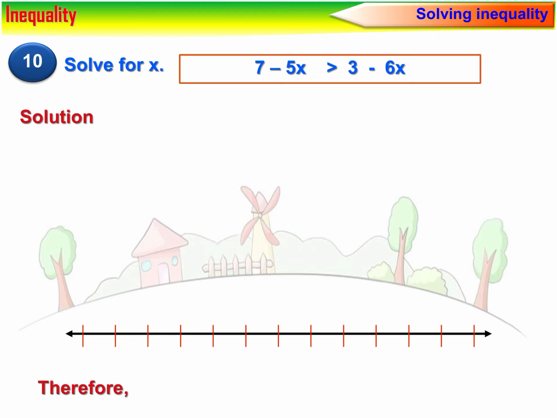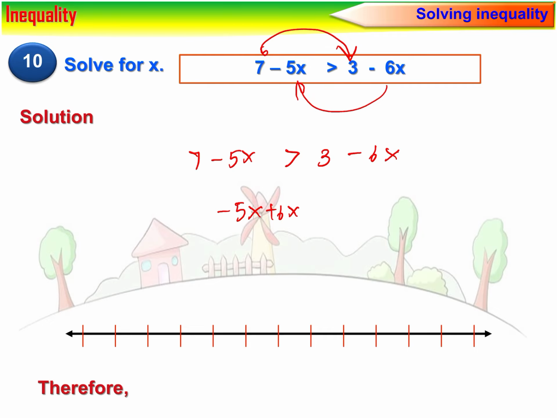What about this one? So combine this and this. You will have 7 minus 5x greater than 3 minus 6x. So you have minus 5x plus 6x, right?